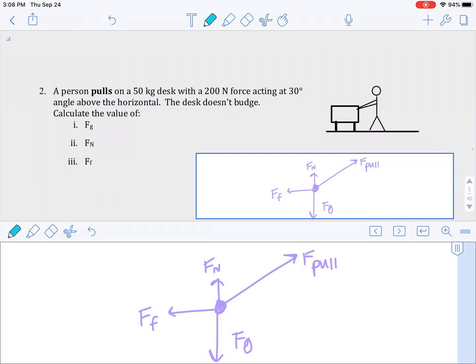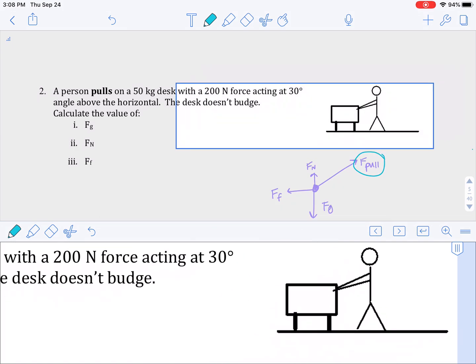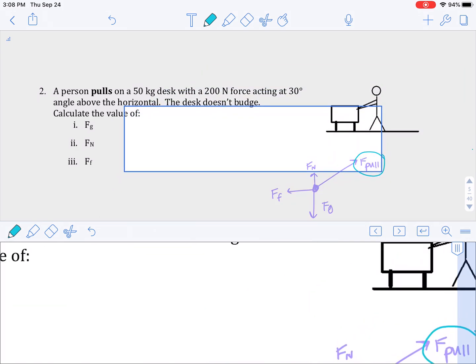on number 1. And I look at this FBD and all my forces are either up and down or horizontal. And the one that I need to break up is F pull. So one helpful method, and some students really like doing it this way because it feels more like your velocity vectors, is you do the vector breakdown to the side.